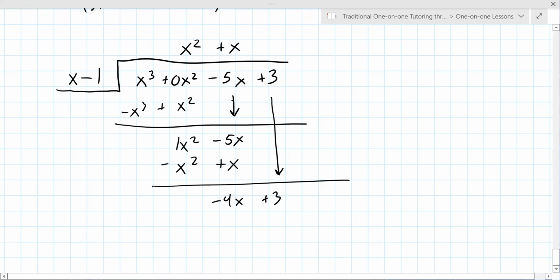What did you get up here for your last term? -4. Perfect. And then you change the signs, so you get -1 as your remainder.